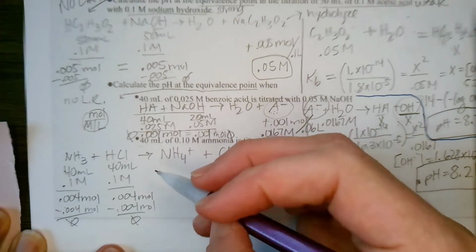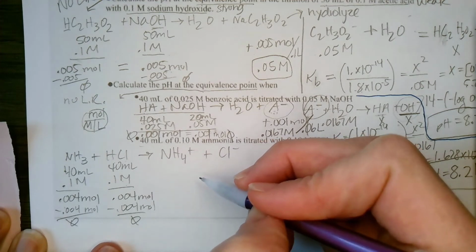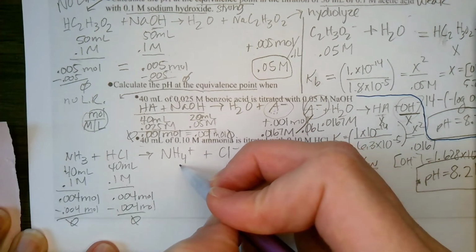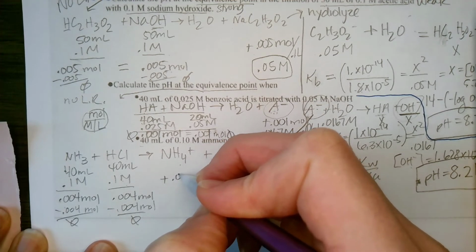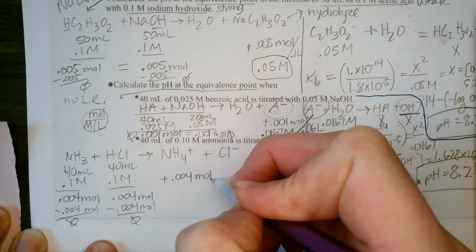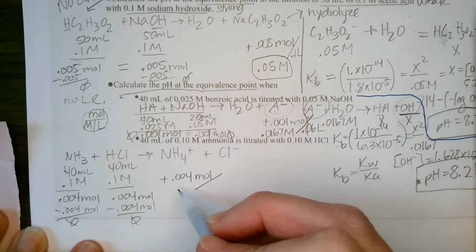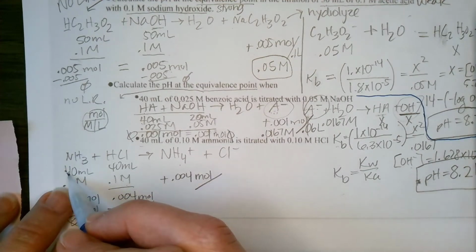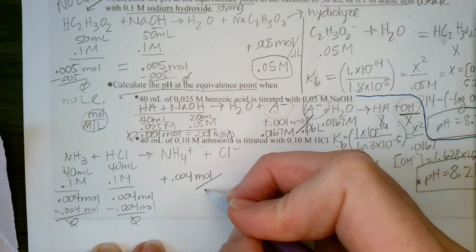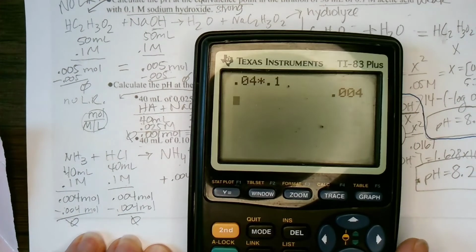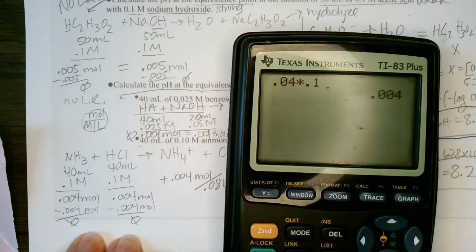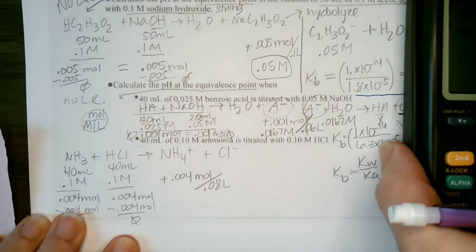We also know that we are going to form acid here, so we are plus 0.004 moles. And that's 0.004 moles in 40 plus 40, 80 milliliters, or 0.08 liters. So 0.004 divided by 0.08 liters gives a concentration of 0.05 molar.